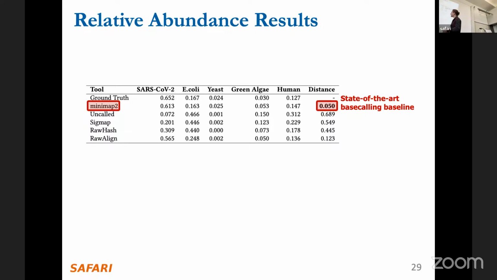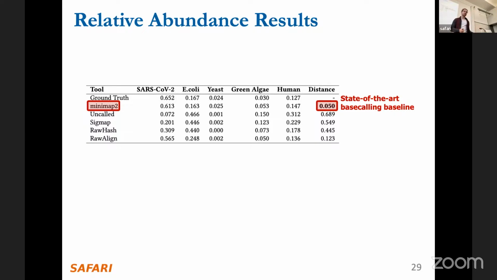So relative abundance calculation means you have a sample that's mixed from multiple species, and for every read, you want to determine to which species it belongs. And in the end, hopefully you estimate correctly how your sample was composed, right? For example, oh, there were 50% of human cells in there and 20% of COVID cells and so on.